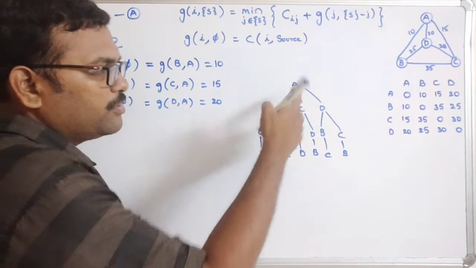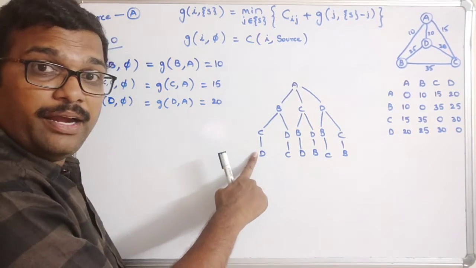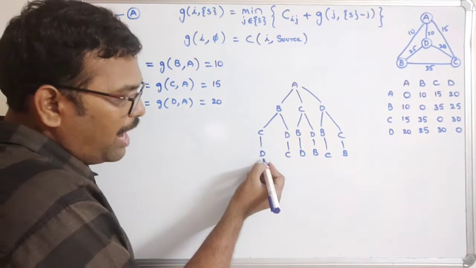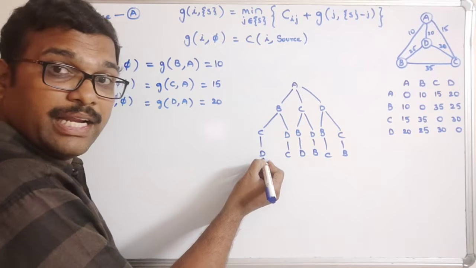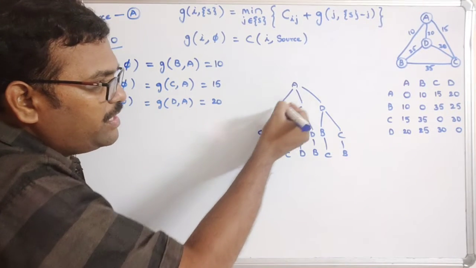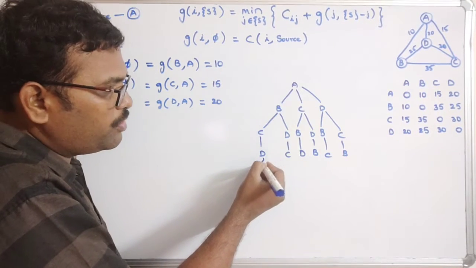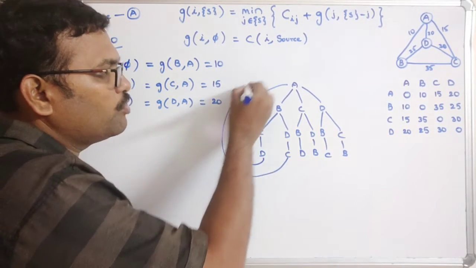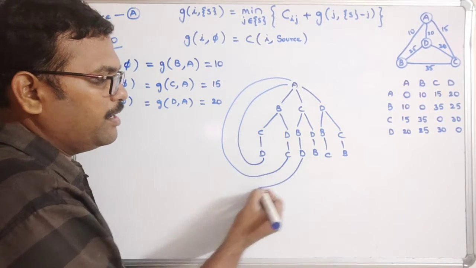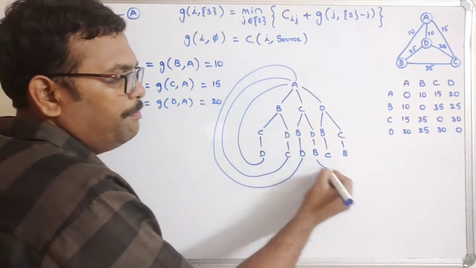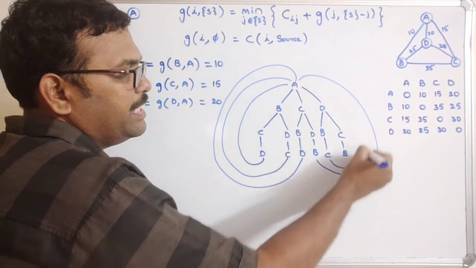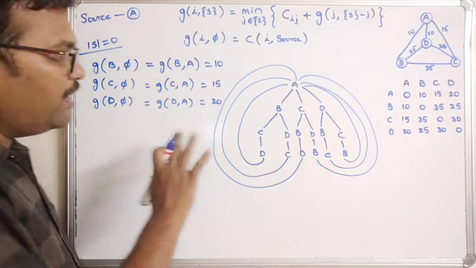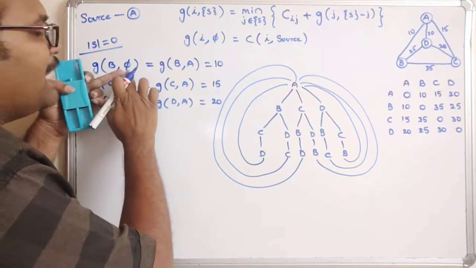So only one vertex remains, so all the vertices have been visited, right? So this is the maximum possibilities, all possibilities. After coming to D, what's the next move? We have visited all vertices here, so it should go back to A. Similarly, if it is C, it should go back to A. If it is D, again it should go back to A. B, go back to A. C, it should go back to A. B, it should go back to A. That's what we have written here.